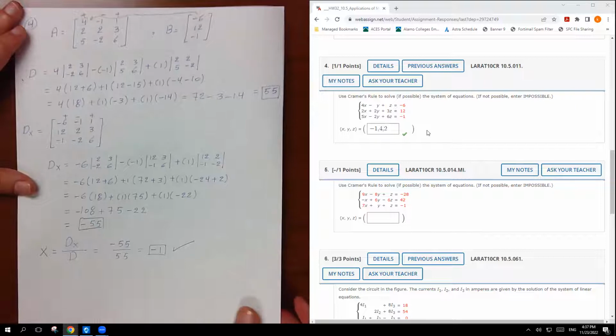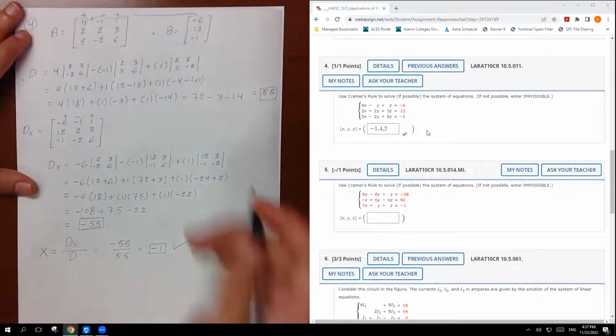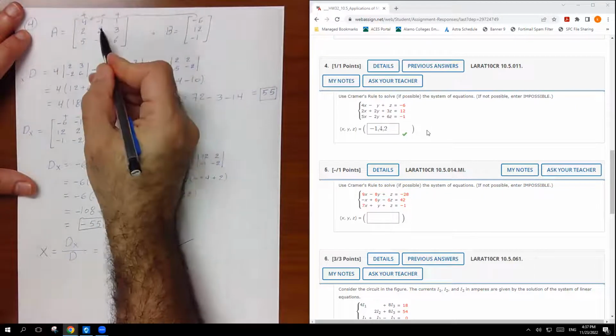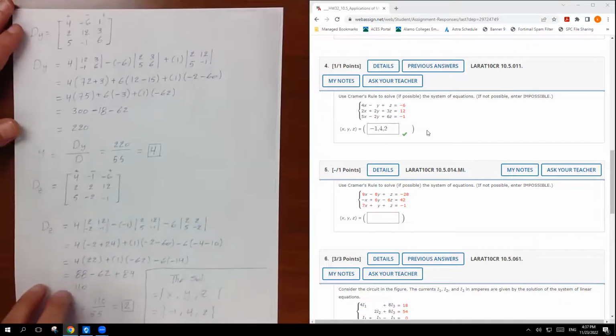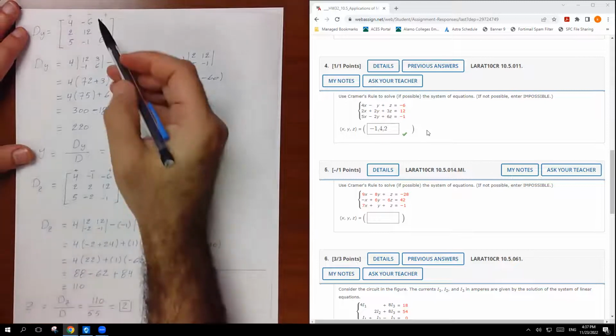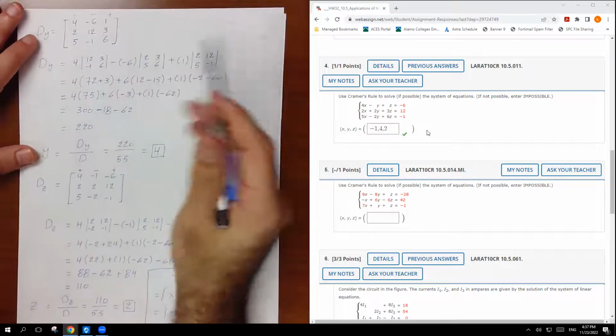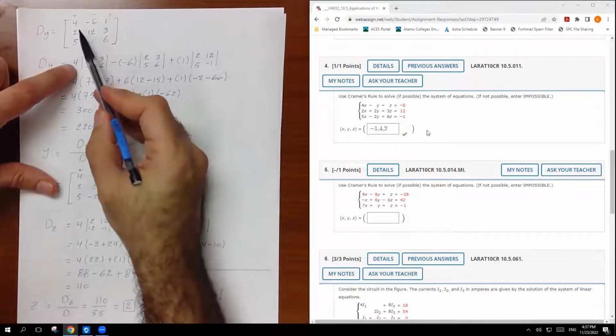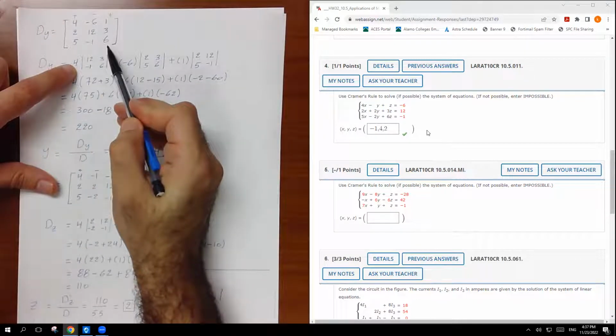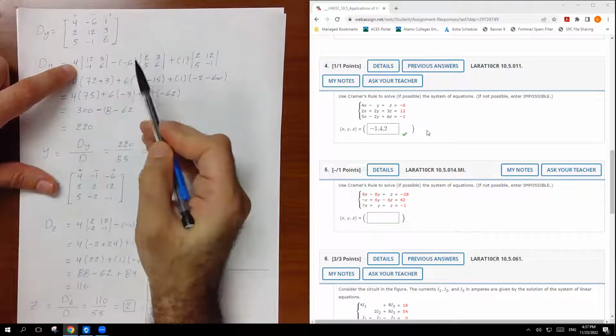Now we're going to find dy. So I'm going to change b with the second column. So change b with the second column and then find dy. So it's going to be 4, 12, 3, -1, 6 minus -6.